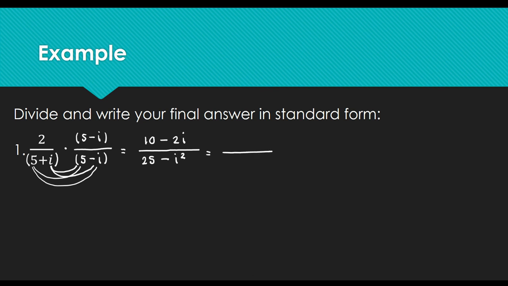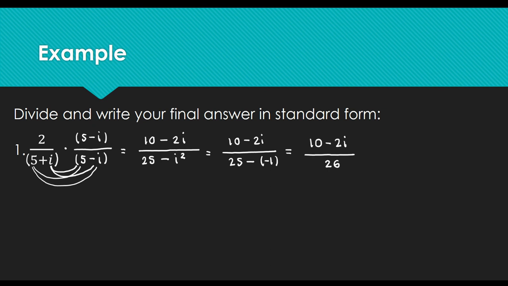And so remember, the whole point is that the i squared term really is going to turn into a negative 1. So I still have that subtraction sign, but now I'm subtracting negative 1. So notice my denominator no longer has any imaginary numbers. And because my numerator doesn't have any like terms, that's still 10 minus 2i, but 25 minus a negative 1 is going to give us 26.